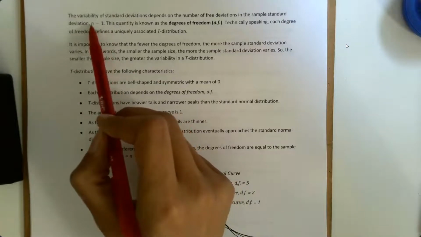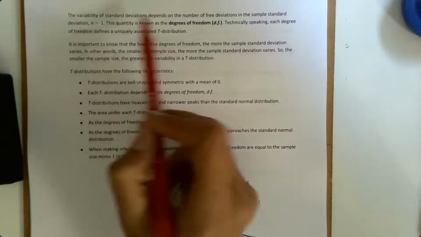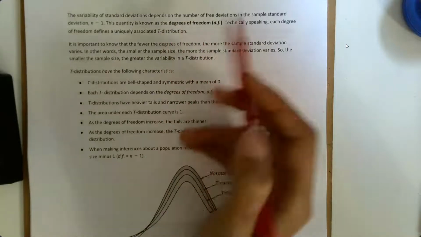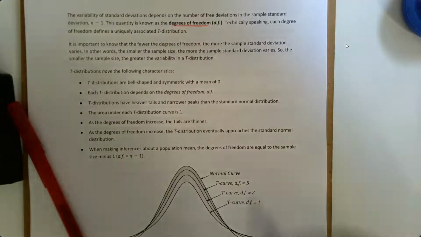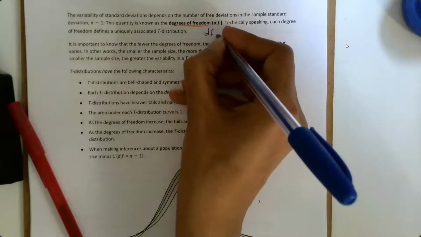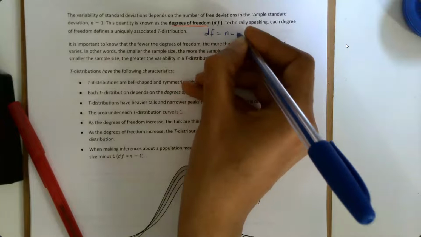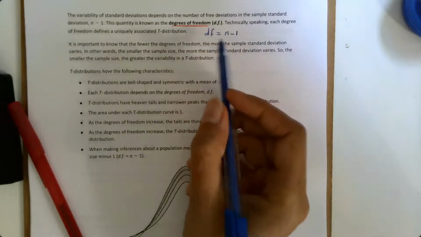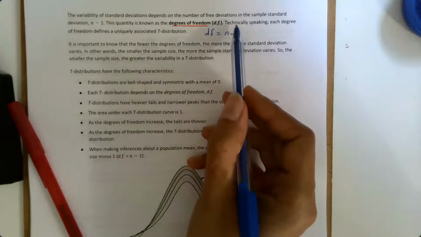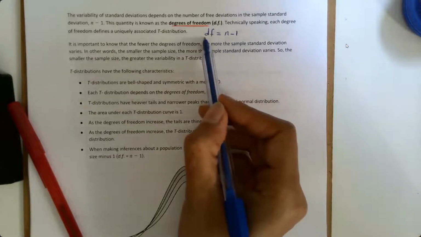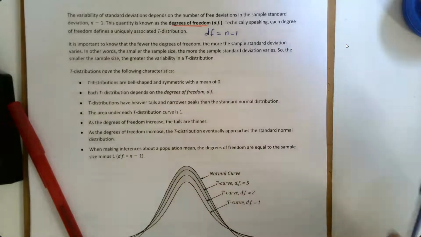We call n minus 1 the degrees of freedom. So degrees of freedom can be calculated using n minus 1. We find the sample size, we subtract 1 from n, and we call it the degrees of freedom.